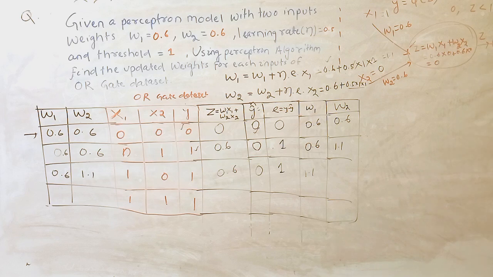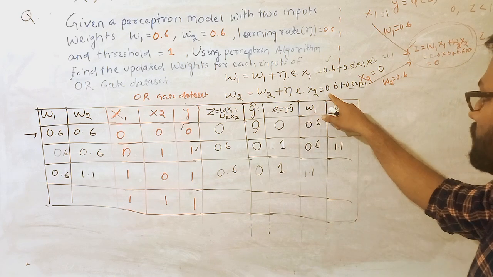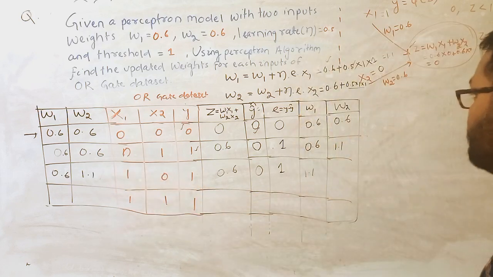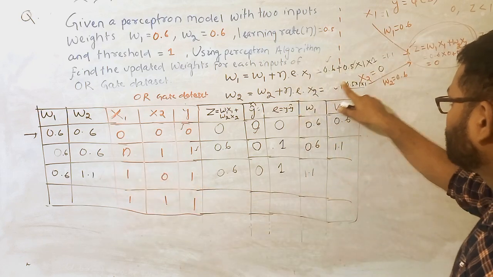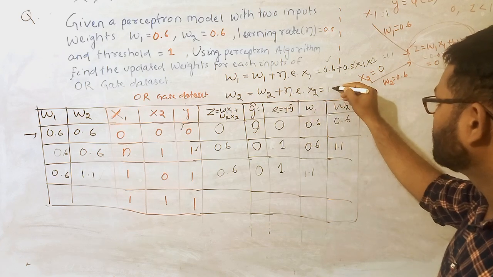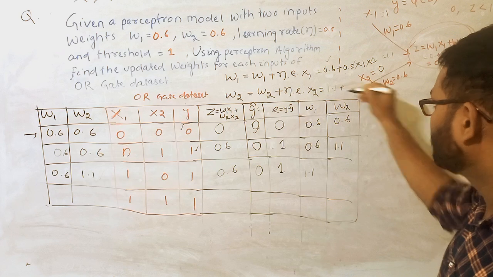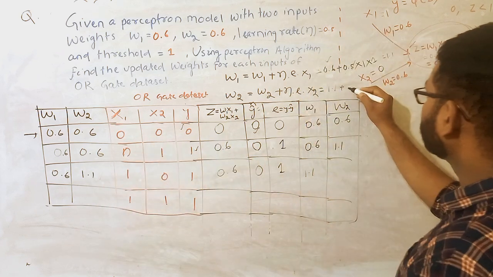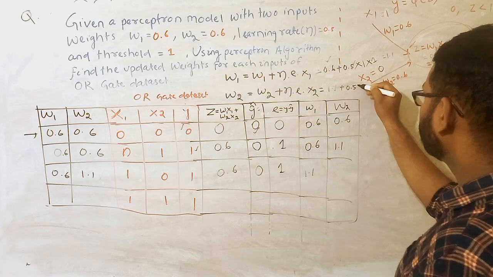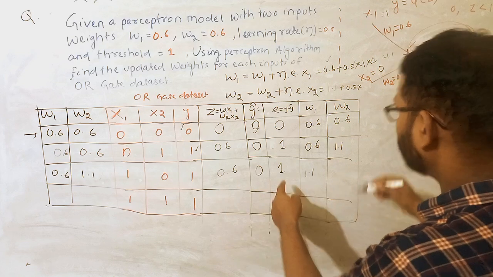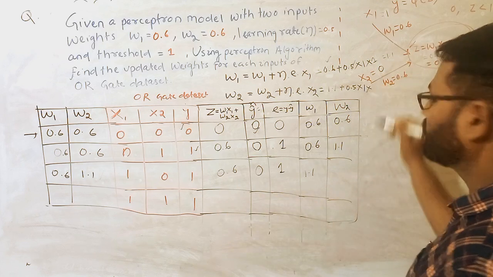Okay, now let's go to W2. Using the same formula, what is the value of W2? Sorry, 1.1. You just change here. So your W2 is 1.1 plus learning rate 0.5 into error 1, your error is 1, into your input.